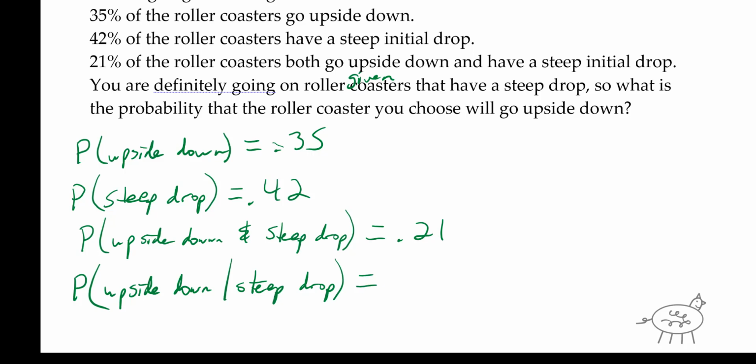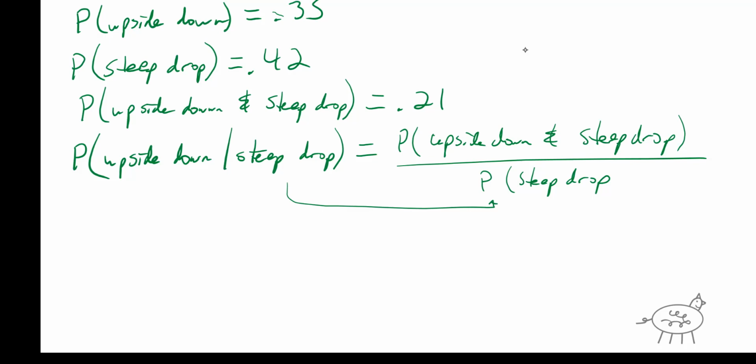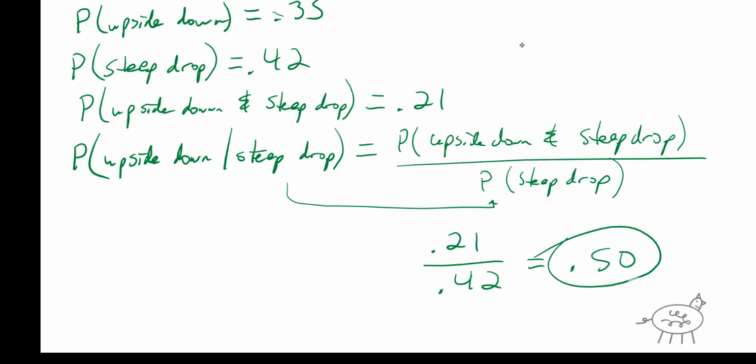That is the probability of upside down and steep drop, divided by the probability of the steep drop. So that is 0.21, which we figured out already, divided by the probability of steep drop, 0.42. So the answer is 0.50. All right, moving on here.